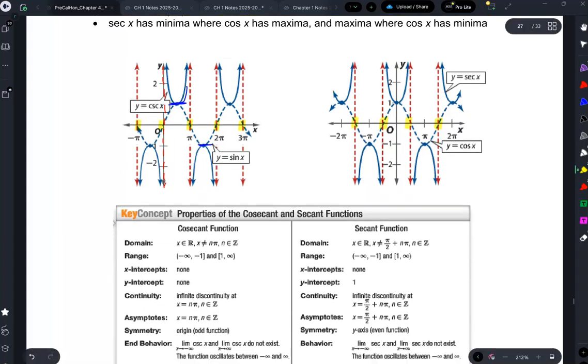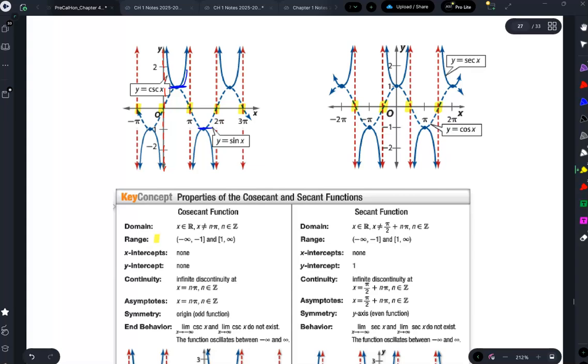So first of all, the domain for the cosecant is not all real numbers. But then more interestingly, the range is very different. Because for sine x, y equals sine x, the range is from -1 to 1.